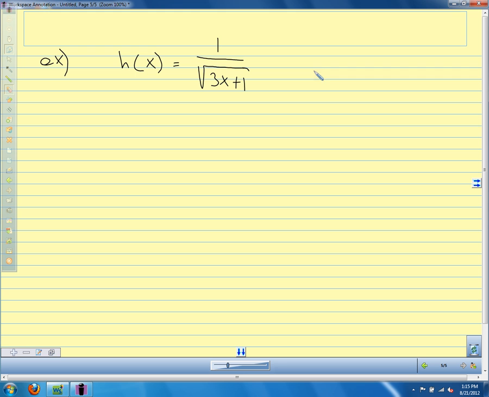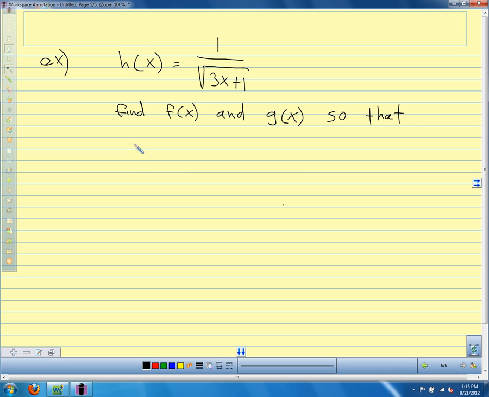We want to find f of x and g of x so that f of g of x equals h of x. So we want to figure out two functions that when we make the composition, we get h of x.